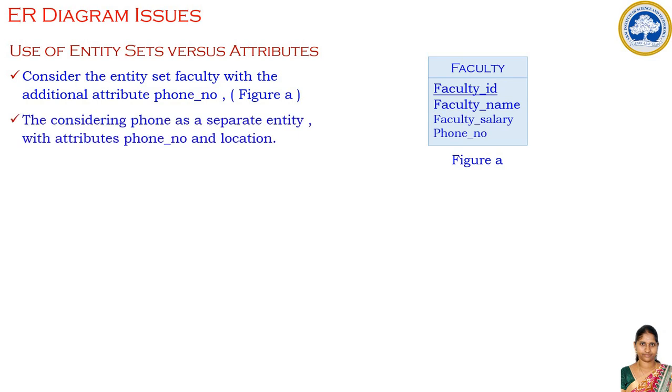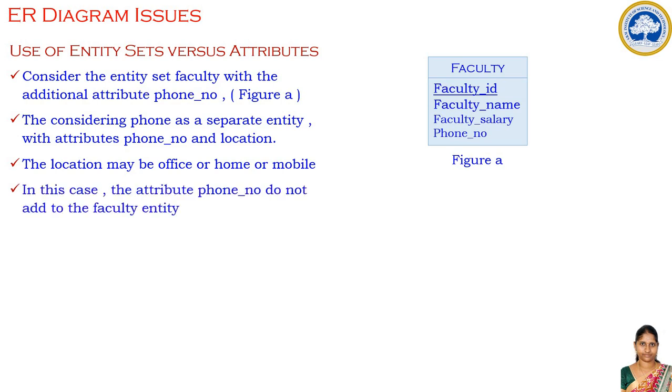Consider a phone as a separate entity, because for the phone number we want to collect additional information, whether that number is a mobile number or a home or office number, like that. If we want to specifically mention the location for the phone number, then it is not possible to add the phone number as one of the attributes under the faculty entity.